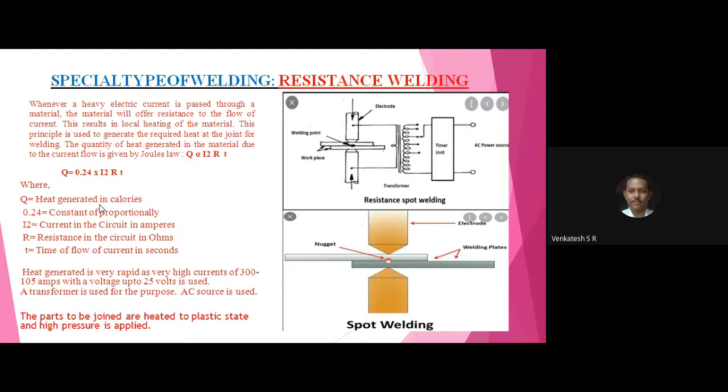Below that, write down: in resistance welding, the resistance is created in between the workpieces.